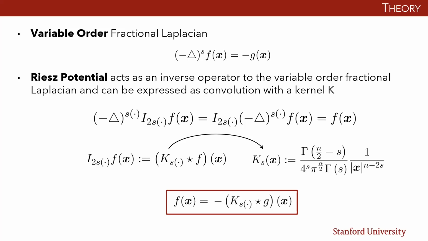The Riesz potential can be expressed as convolution with a kernel k of s, which depends on s, the order of the Laplacian. By applying this convolution with this kernel to both sides of the equation, we hope to isolate this f of x and solve the problem in that way.